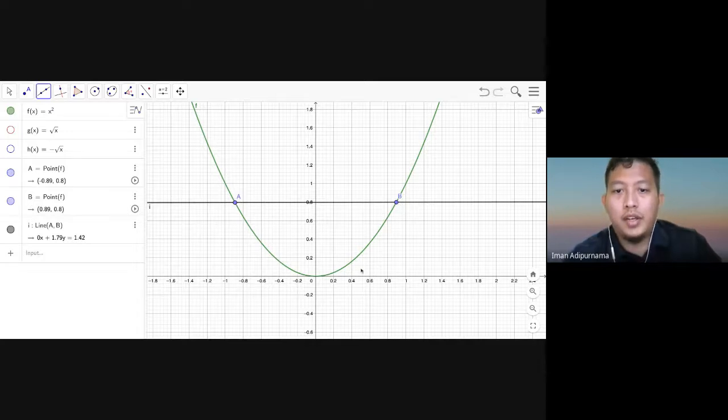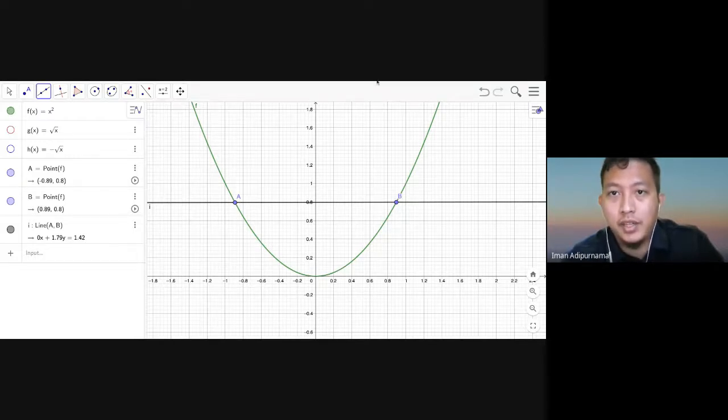So AB will be our horizontal line. Almost all of the points are making the same values, right? So if we have this x squared as a whole, then it's not one to one.